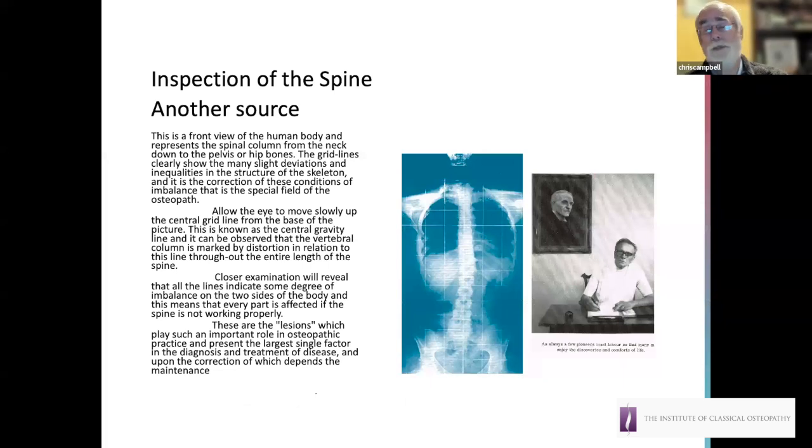He gave another example in a leaflet that he produced showing an X-ray of the spine. And again, is this from the back or from the front? Which is left side, which is right side? He says he's looking at it from the front. And if we're looking at that from the front, the curve is to the right. This is where I want to come back to the short lateral curves.